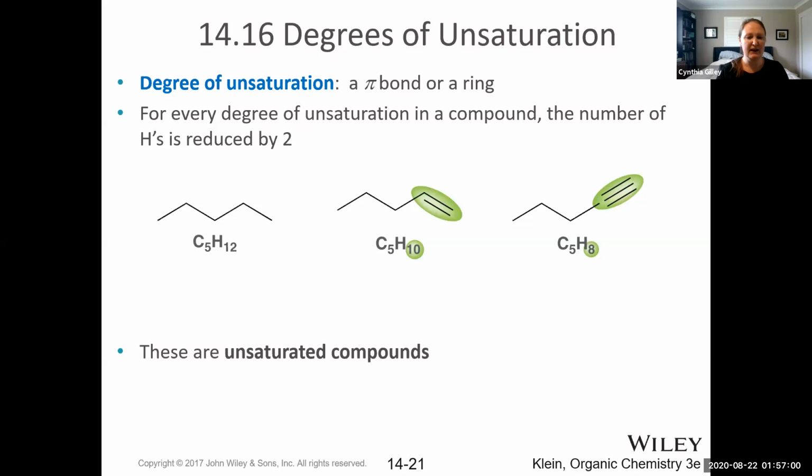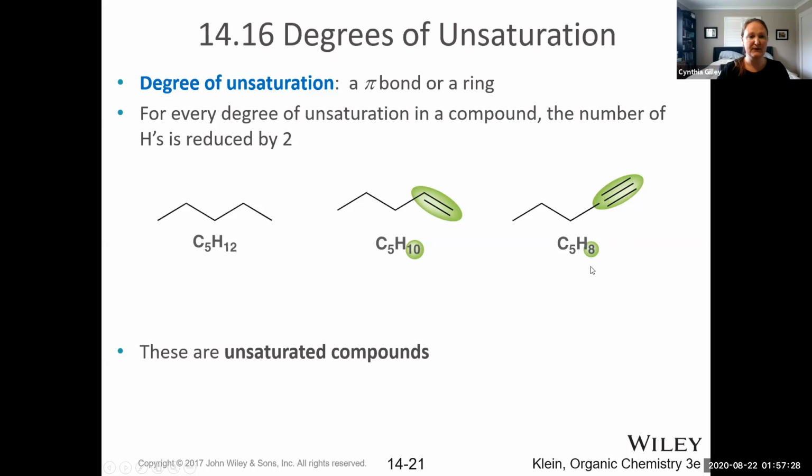But as there's an introduction of pi bonds, we actually lose hydrogens. So notice going from pentane, which is an alkane with molecular formula C5H12, if one of those carbon-carbon bonds is a double bond, now the formula is C5H10. So we've actually lost 2 hydrogens. And if that is instead a triple bond, then it's C5H8.